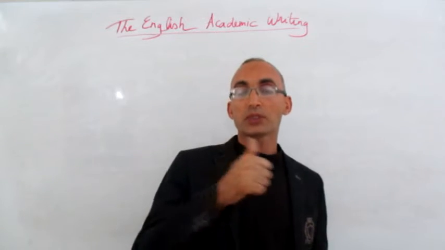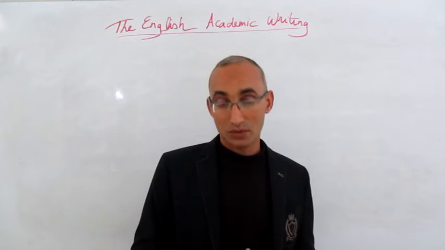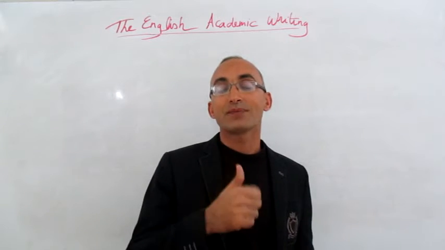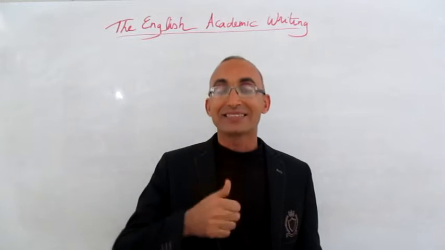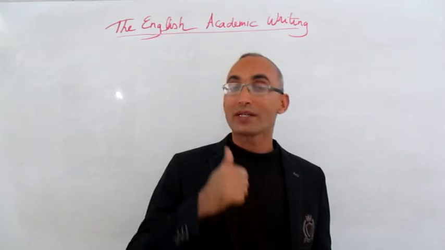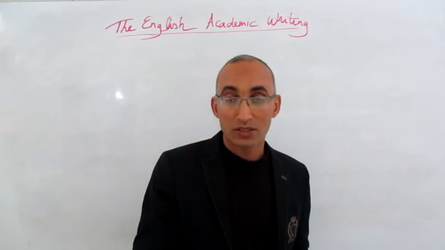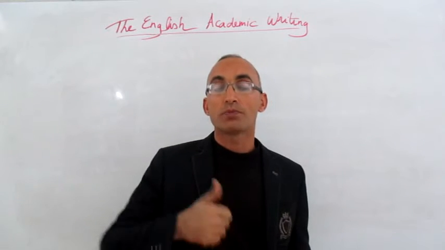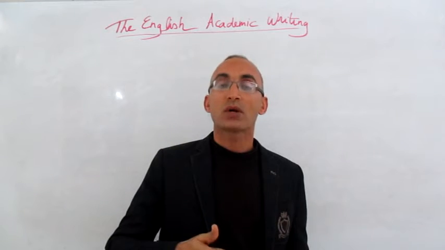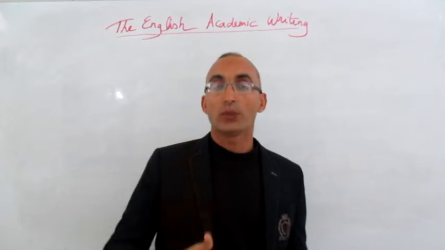So the first feature of the English writing style and also the academic writing is directness. So if you want to write in English, you have to be direct and also straightforward.